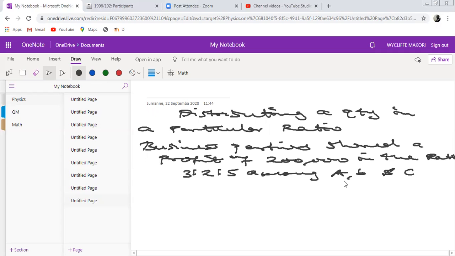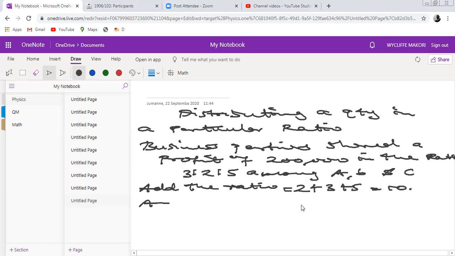If we were to distribute this amount in this particular ratio among these partners, the first thing we need is to add the ratio. In this case, it is 2 plus 3 plus 5, which gives you 10. Therefore, A will get what portion?